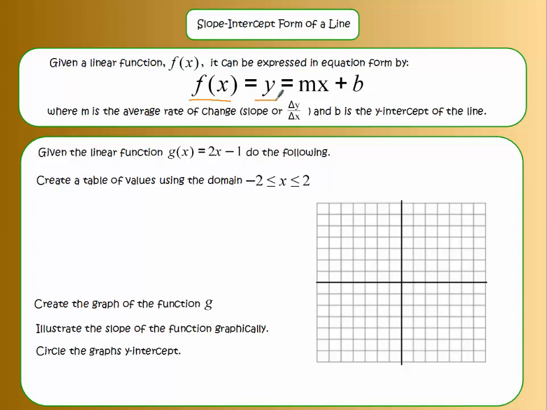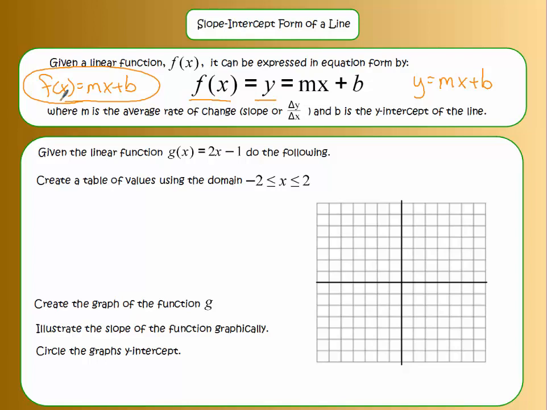So we could write f of x equals mx plus b if we wanted, or we could write y equals mx plus b if we wanted. We are going to start using this notation a lot more. That's basically how we're going to see things from now on.